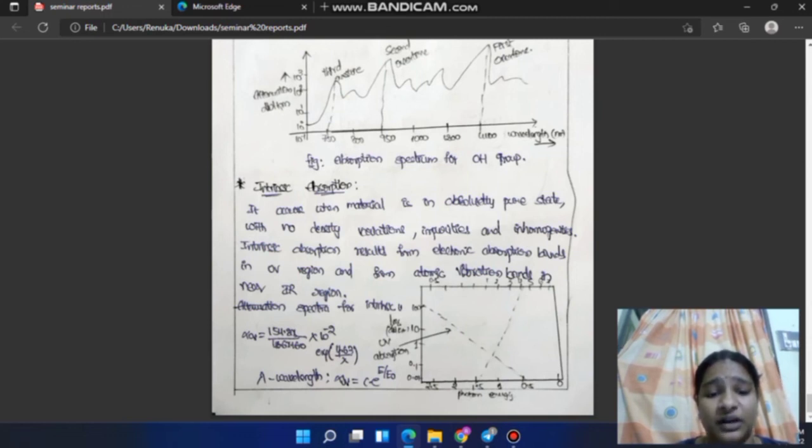The attenuation spectrum for intrinsic absorption is alpha_UV equals 154.2 x times 1146.6 x plus 60 times 10 to the power minus 2 x, times e to the power 4.63 by lambda, where lambda is the wavelength, and alpha_UV equals C times e to the power E by E naught. The graph given is loss in dB per km versus photon energy, and this represents the UV absorption.